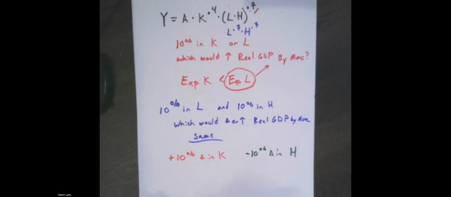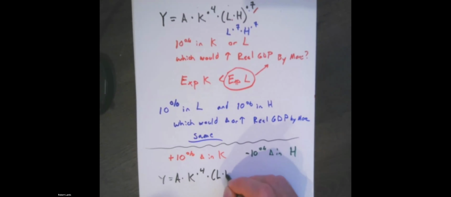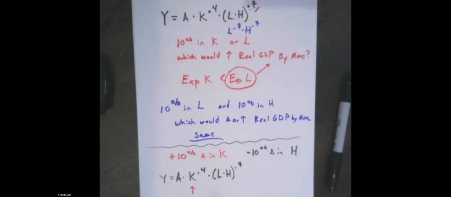So when I'm looking at my equation up here, I'll just rewrite it because we're looking at a separate question. So I've got Y, it's my total factor productivity, K to the 0.4, L times H to the 0.7. Well, that 10% increase in capital is going to increase my real GDP, but that 10% decrease in human capital is going to decrease it.